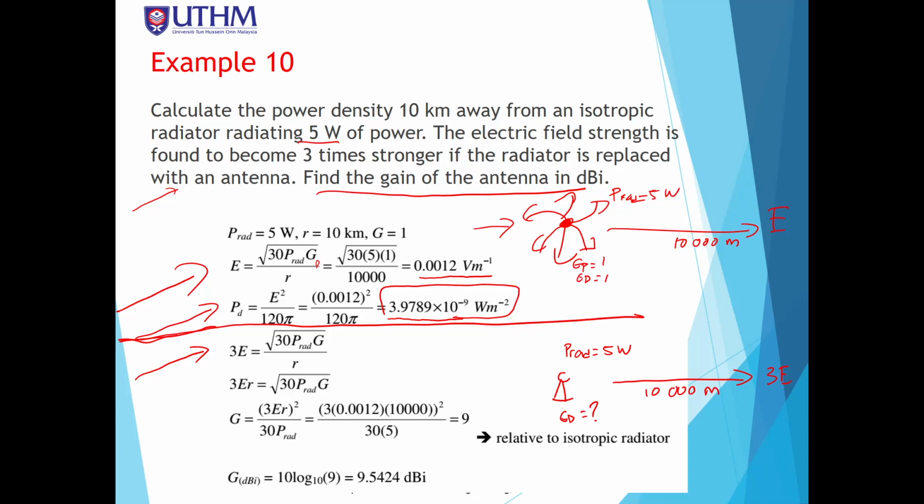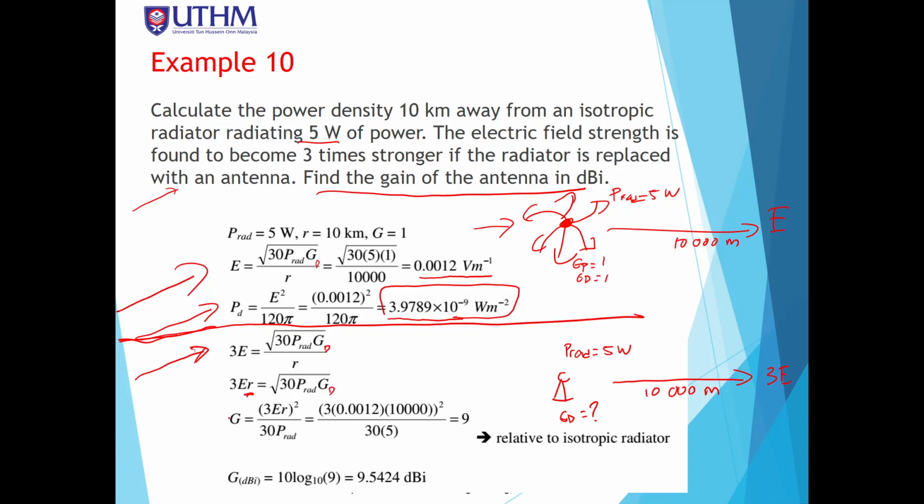Therefore, 3E is equal to the square root of 30 times P radiation times G, divided by R. G in this case is the directivity gain. So 3ER is equal to the square root of 30 times P radiation times GD.